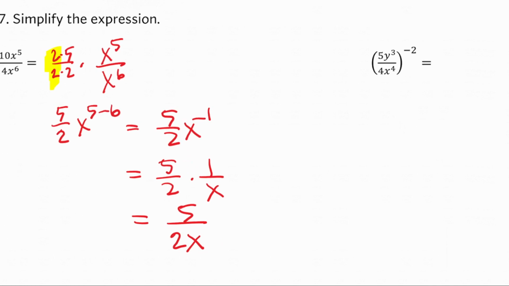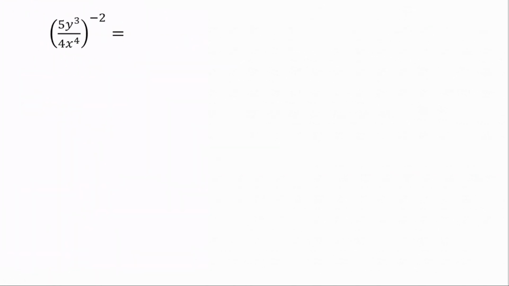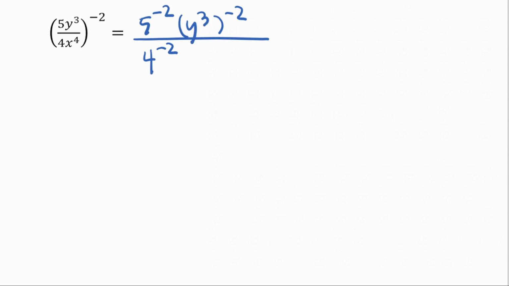And this last one, I think, nope, there's another one. All right, so this one over here, I'm just going to scroll over. Okay, I'm going to hit everything with that negative 2 power. So 5 to the negative 2, y cubed to the negative 2 divided by 4 to the negative 2, x to the 4 to the negative 2. You could do that, or maybe I'll do this a different way also.